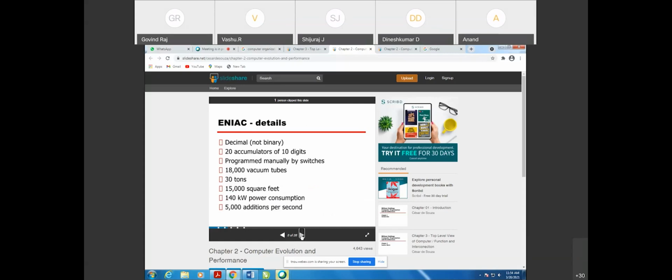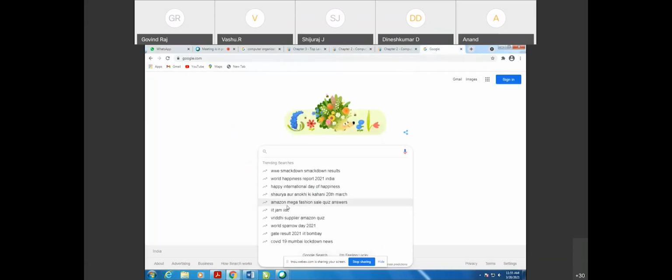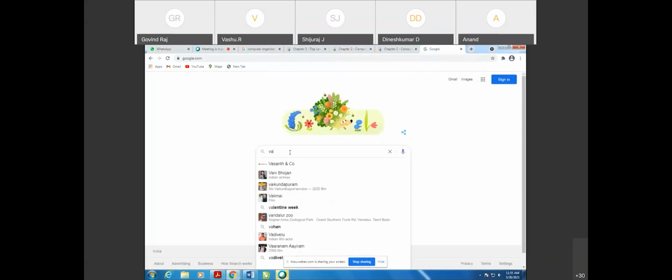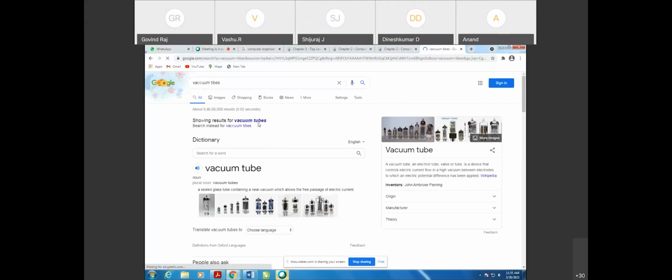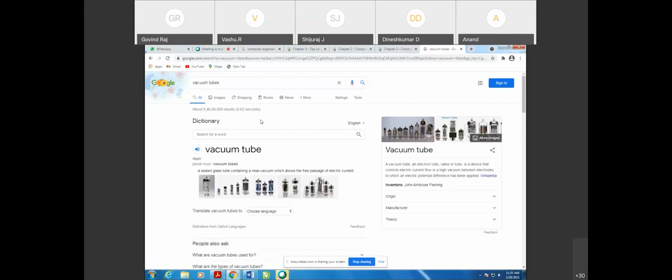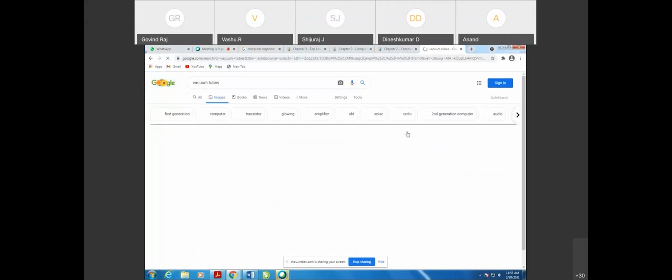What did they use in that computer? They used vacuum tubes. I'll tell you what is a vacuum tube. It looks like this, more or less.